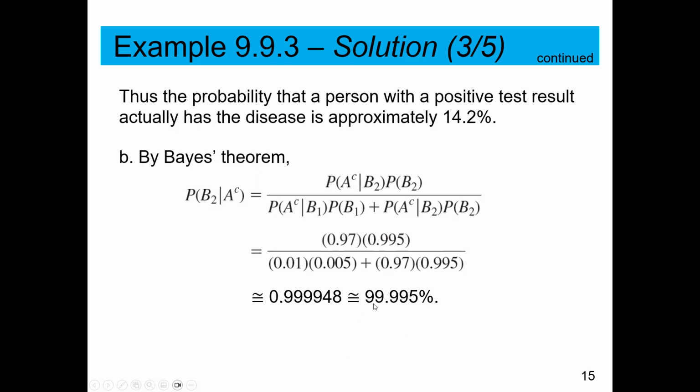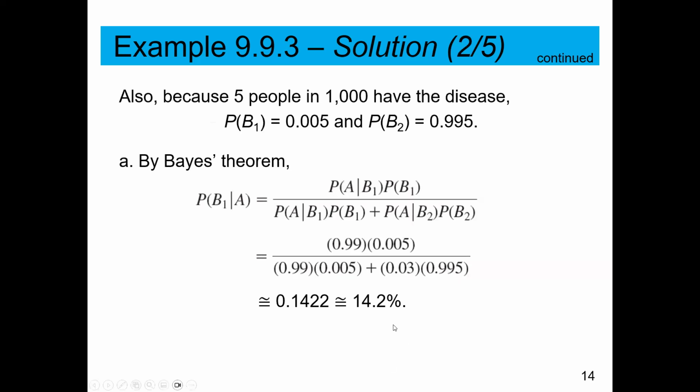So let's think about what that really means. If you get a negative test, there's a really strong probability that you actually do not have the disease, because the likelihood of a negative test when you don't have the disease is 99.995%. That's really good.